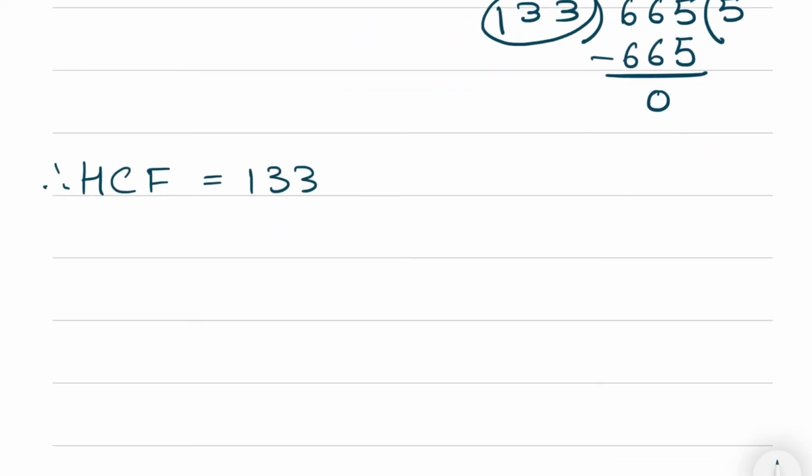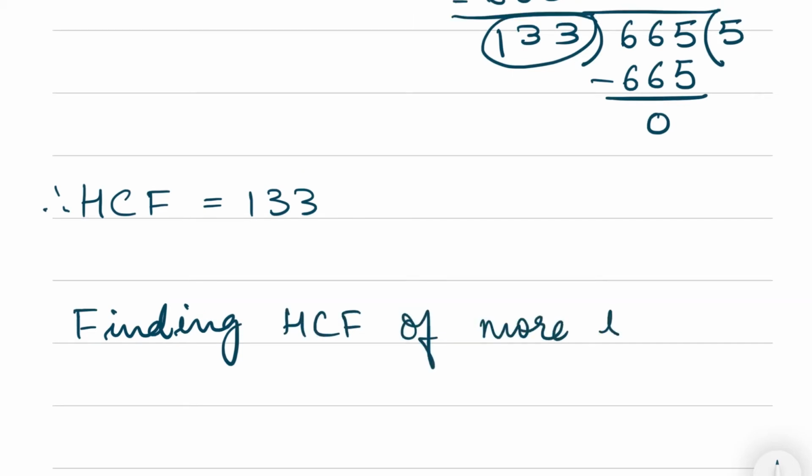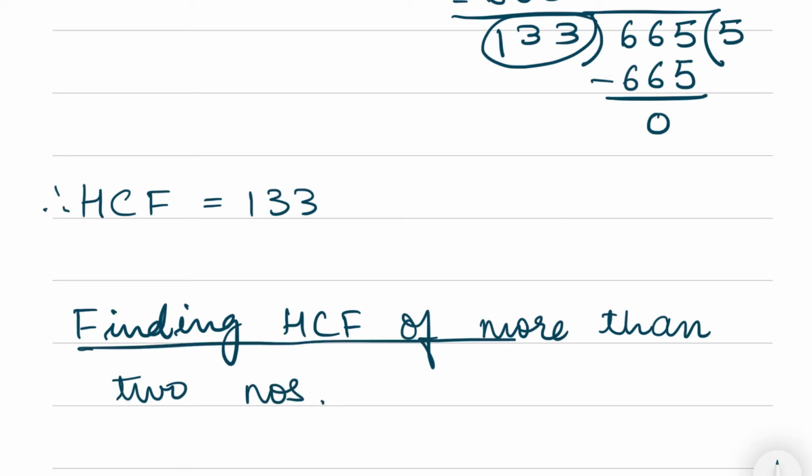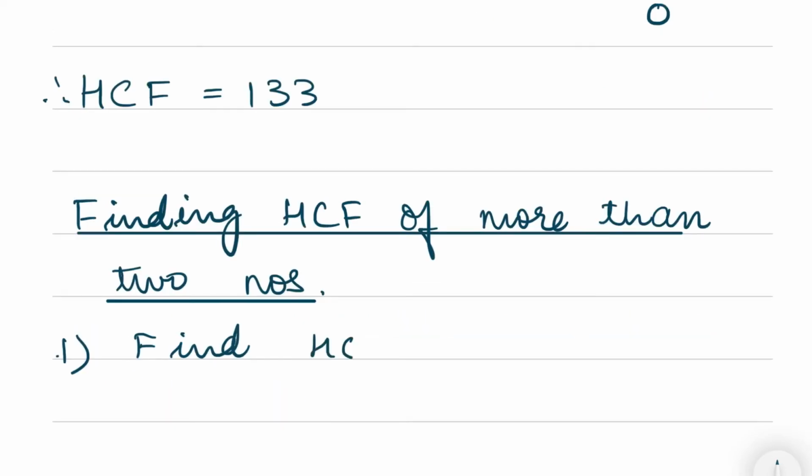Now let's move to finding HCF of more than 2 numbers. So suppose if we have more than 2 numbers, then how are we going to find out. So first, find HCF of 2 numbers.